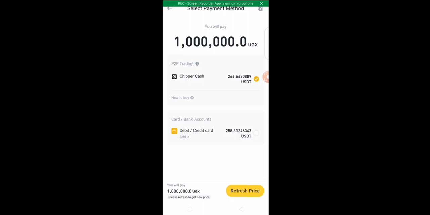So after paying your fiat and notifying the seller, the seller will send you the USDT, the crypto, and there you will be good to start trading on Binance, and you will get the crypto in your Binance account.